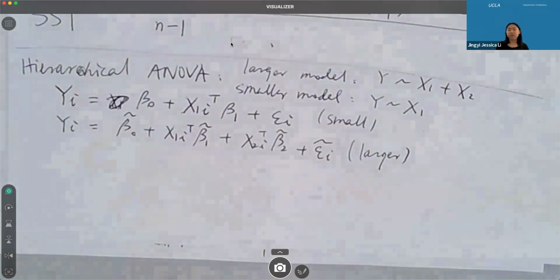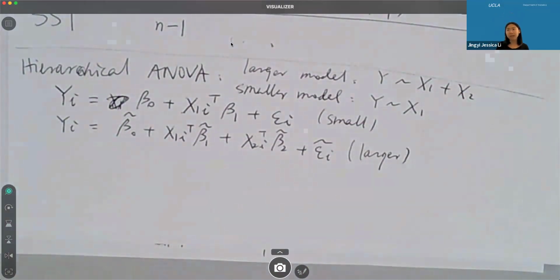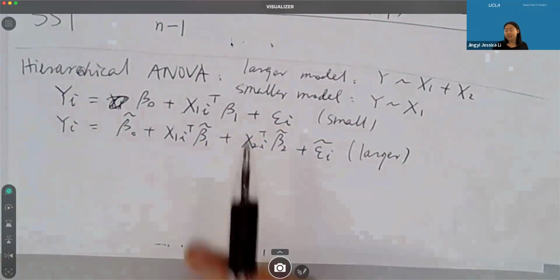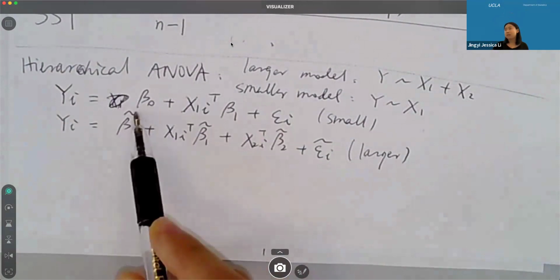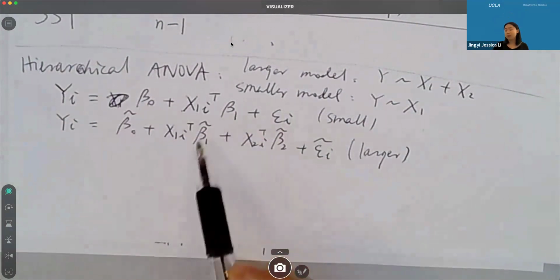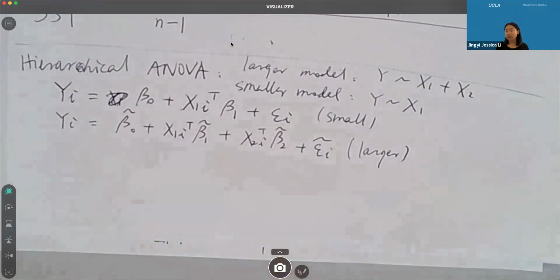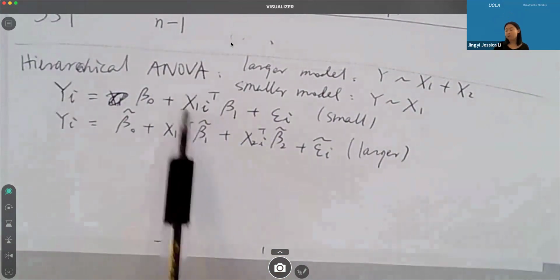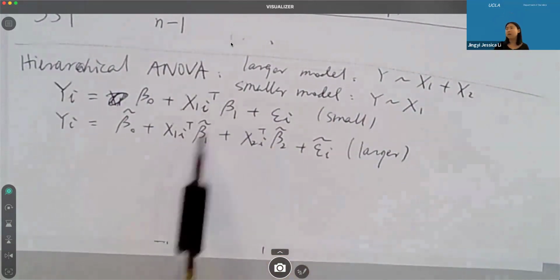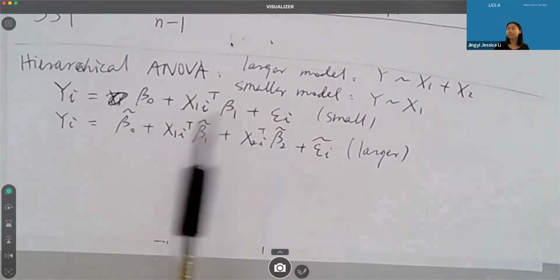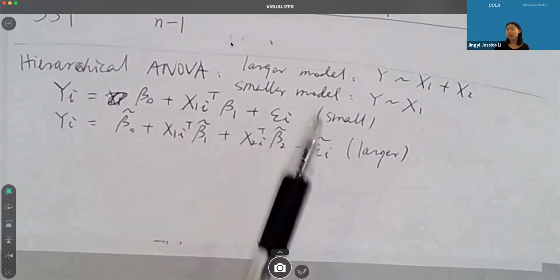The reason I add tildes to my second model is that I want you to know that the two intercepts are not the same parameter, and the two slopes for X1 are not the same parameter. Once you have a different model assumption, the effects of the covariates in X1 are no longer the same. You should be aware of this.